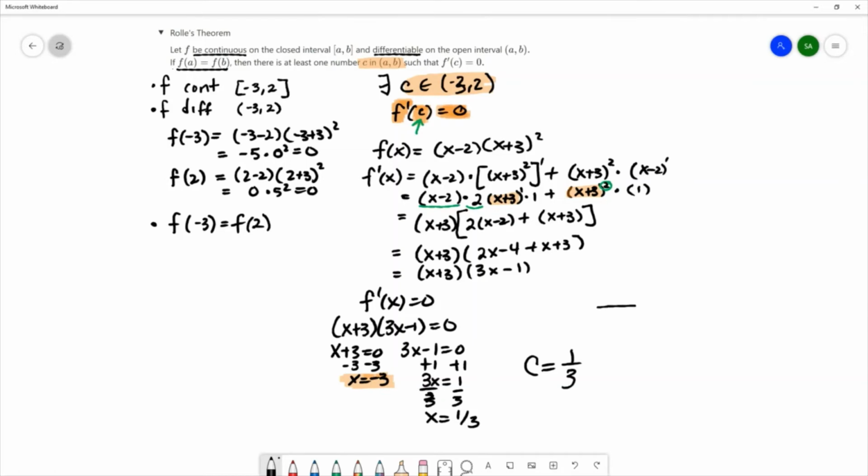So just to be clear graphically, we have -3 to 2 being our interval, and we found the values where the derivative is 0 to be -3 and also 1/3. The theorem guarantees that there'll be a value of c on the interior of the interval. And so this is our value of c.